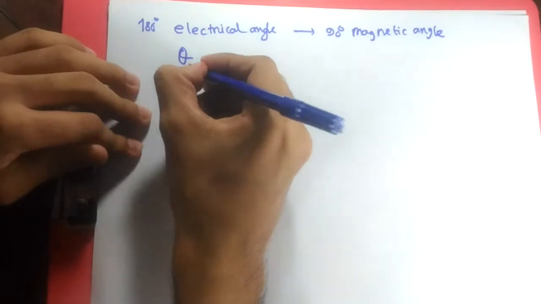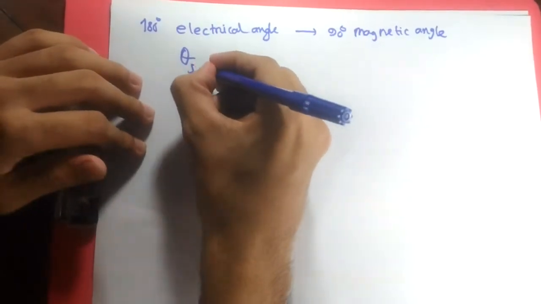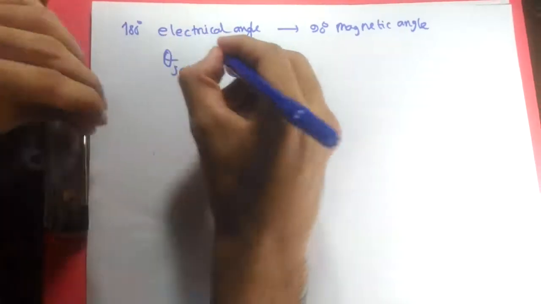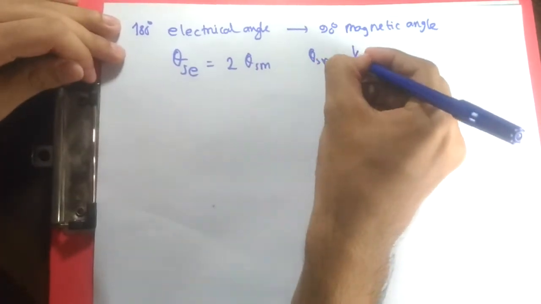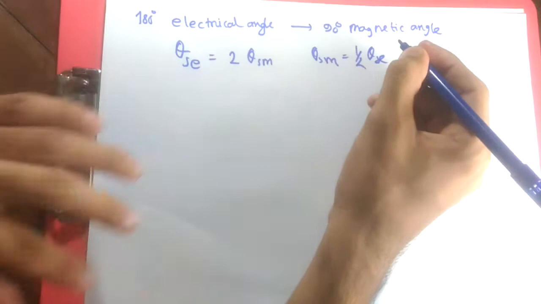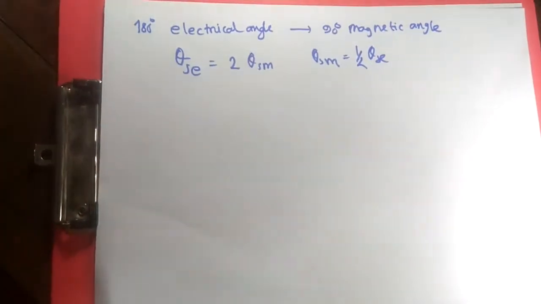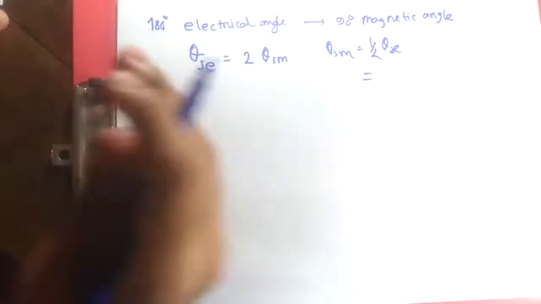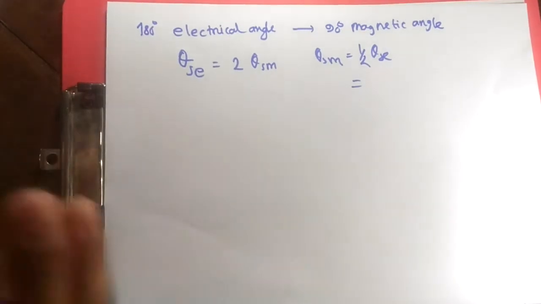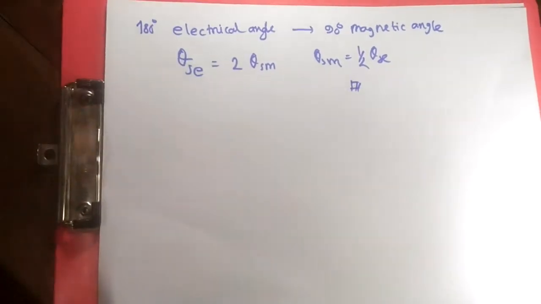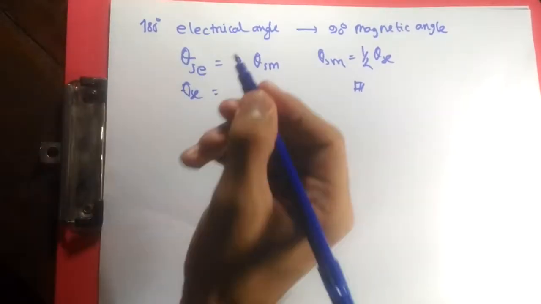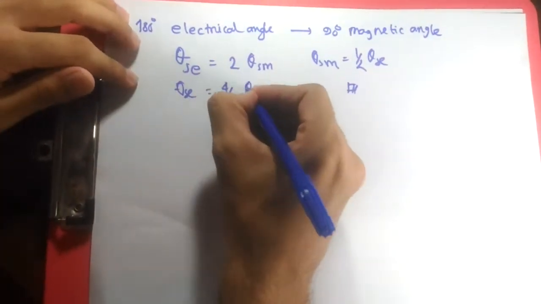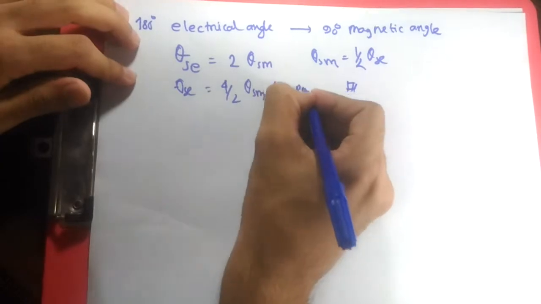So we get theta SE equals twice theta SM, or in other words theta SM equals half of theta SE, and this can also be said as 4 by 2 theta SM. This is for 4 pole.